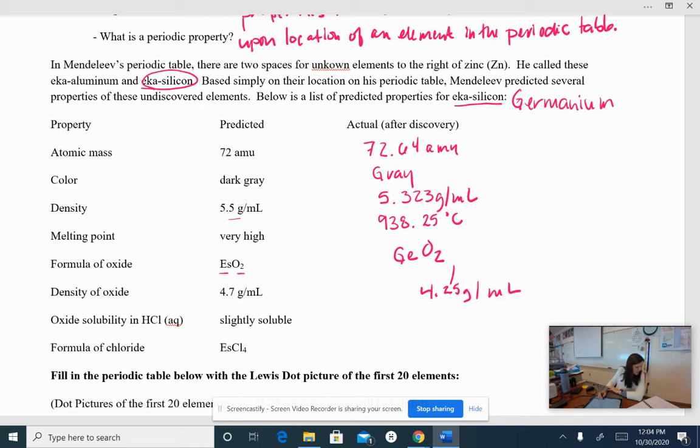We have about 4.47 grams per liter. That's not a lot. And the formula of the chloride, he said for every eka silicon, we would have 4 chlorines, and we do. We have 1 germanium and 4 chlorines. So how did Dmitry Mendeleev do on his predictions? I think he did really, really well.